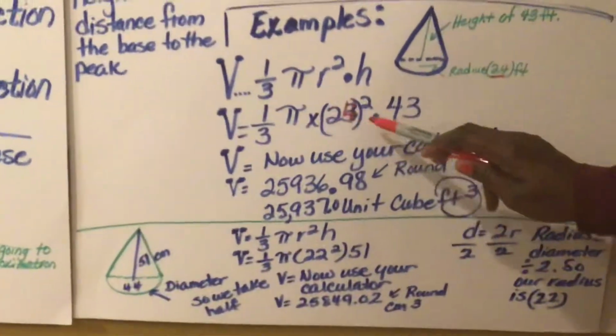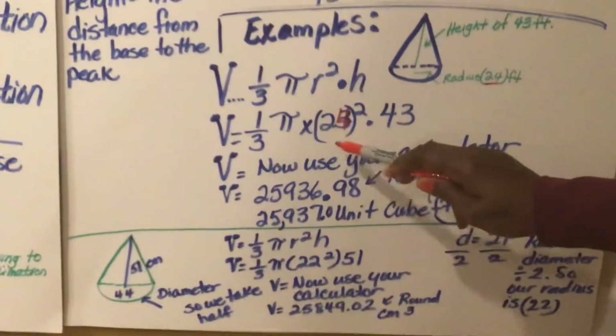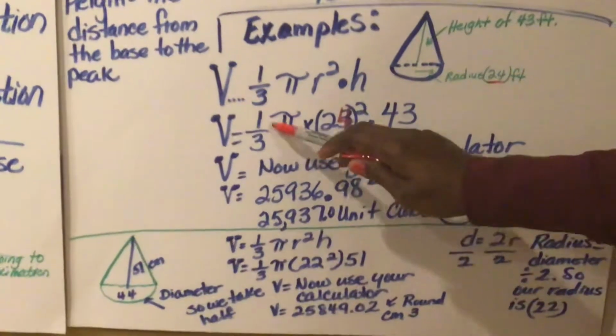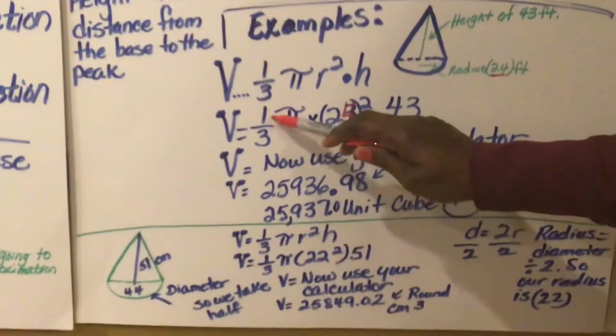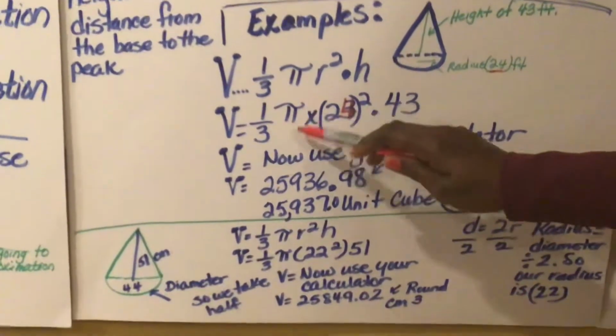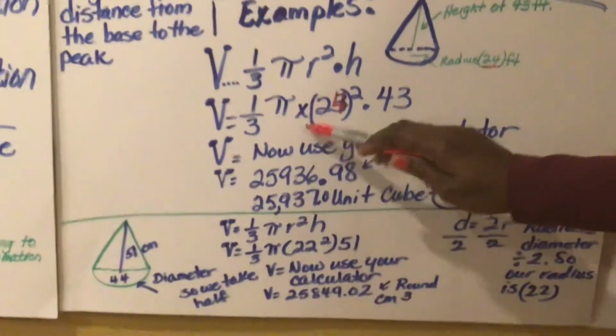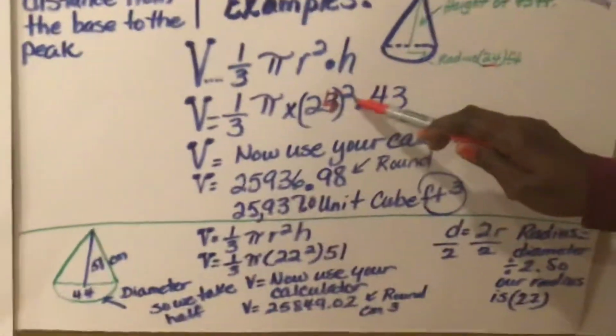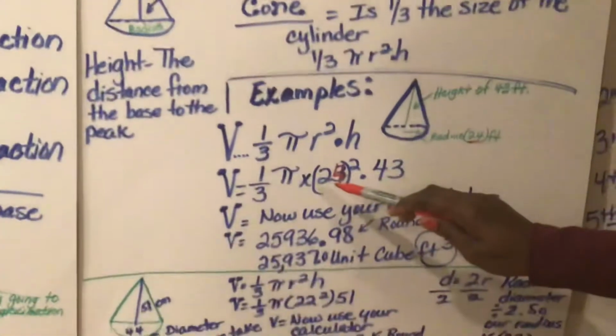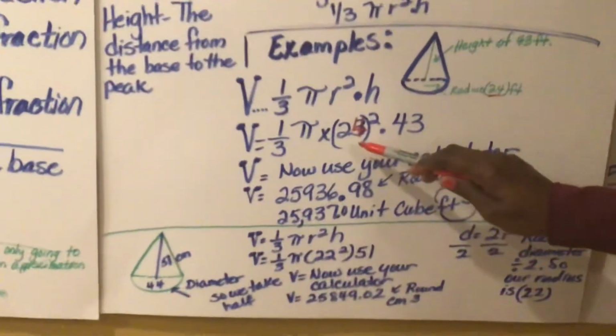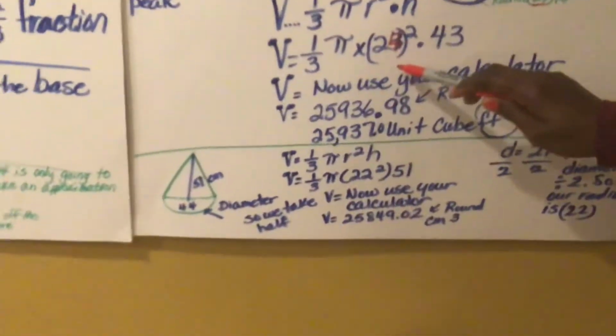So here we go. 1/3 pi r squared. Remember that is a 24. So now we're going to take out our calculator and take 1/3 times 3.14 times 24 squared. Now, what's 24 squared? You would say 24 times 24. Anybody? 576.